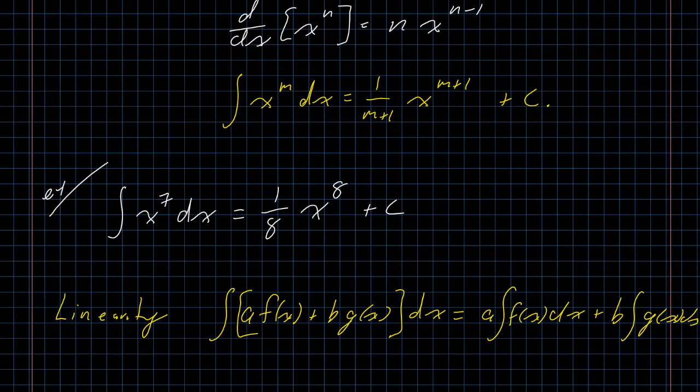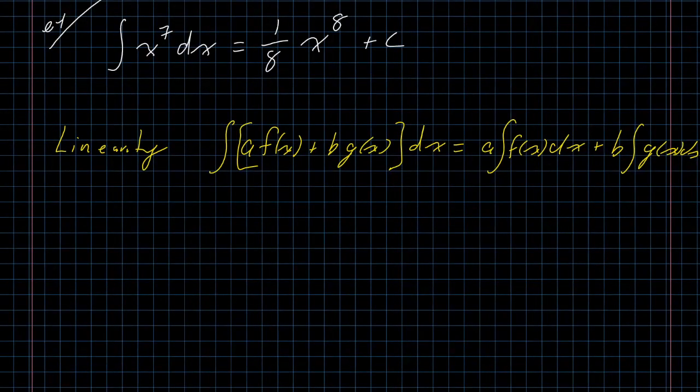All right, we've used linearity already when we've talked about integrals, so it's nothing new. But combining that with the power rule allows us to take care of integrals of many powers of x.